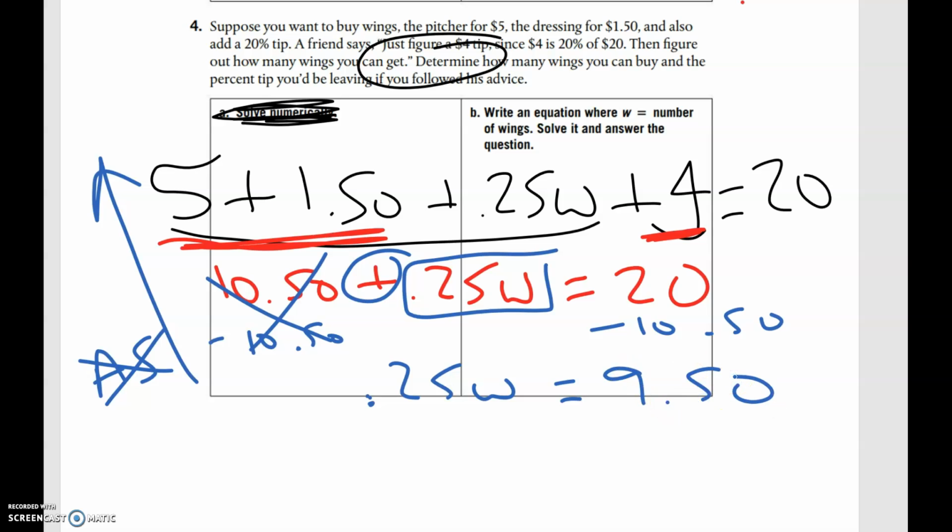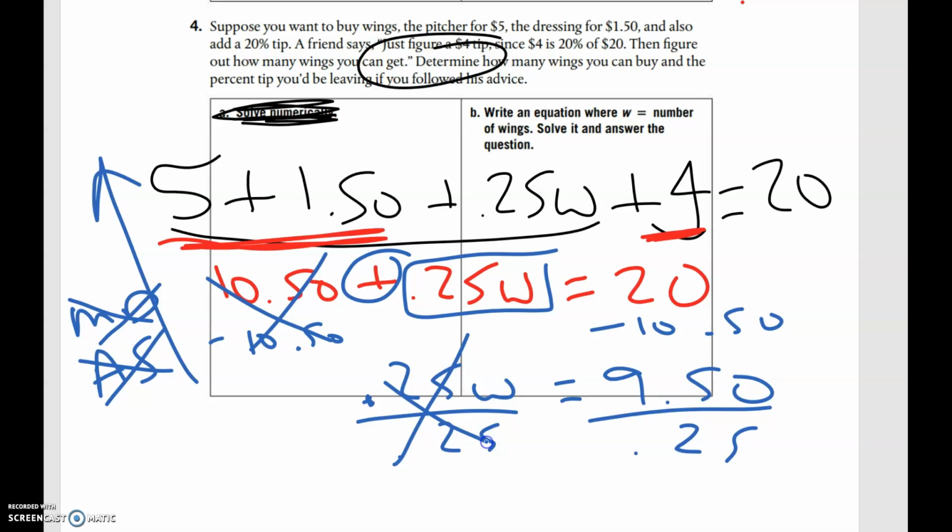To get rid of multiplying by 25 cents, again, I'm going backwards on order of ops. So to get rid of multiplying, you would divide. And notice there's only one multiplication here. And if you add and subtract to both sides correctly, there can only be one division at the end. There can't be more than one. That means you'd have to move something else.